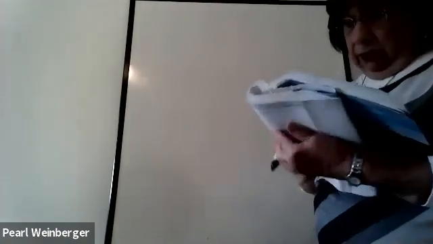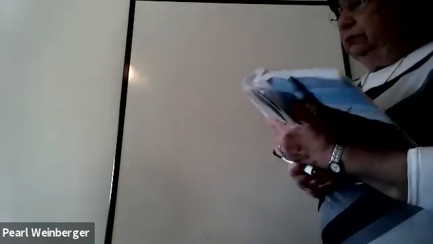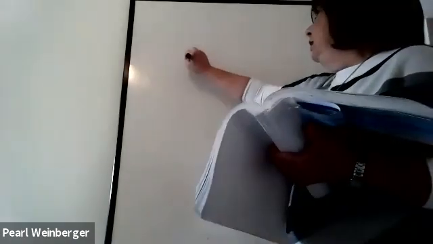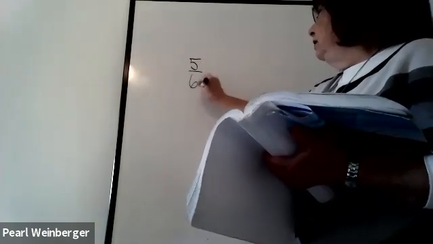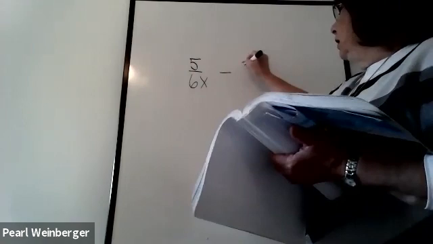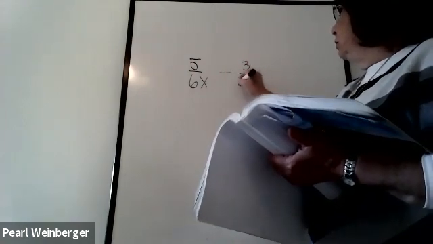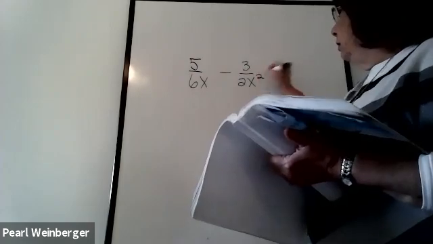I'm going to start with monomials, and then we'll go on to polynomials. So suppose I gave you this, 5 over 6x minus 3 over 2x squared.